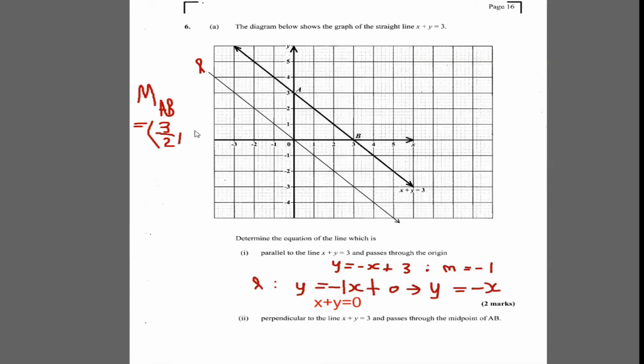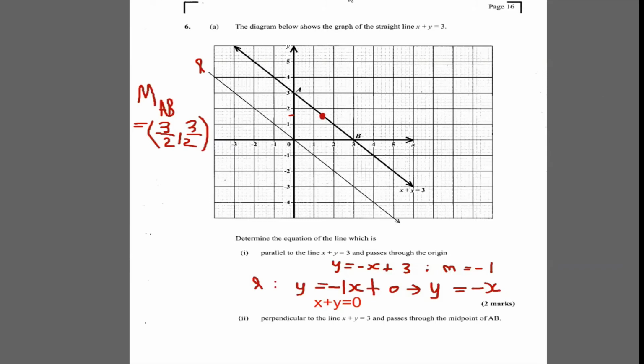So it's 3 over 2, 3 over 2. So the midpoint of AB is 1.5, 1.5. If I'm to put that on the graph, this is 2, and 1.5 would be here. This is 1.5. All right.